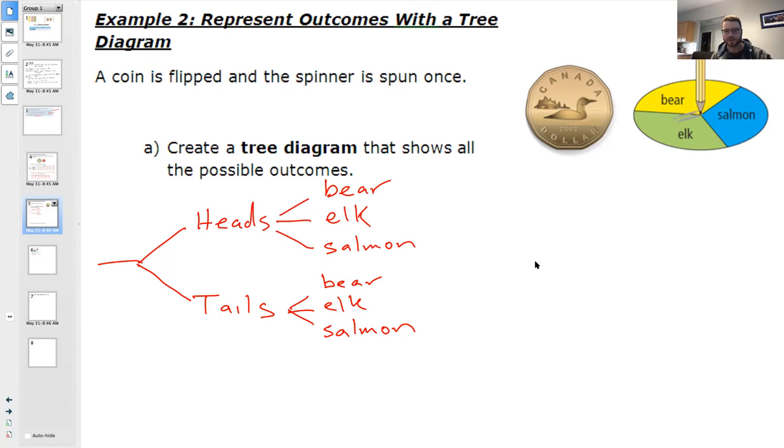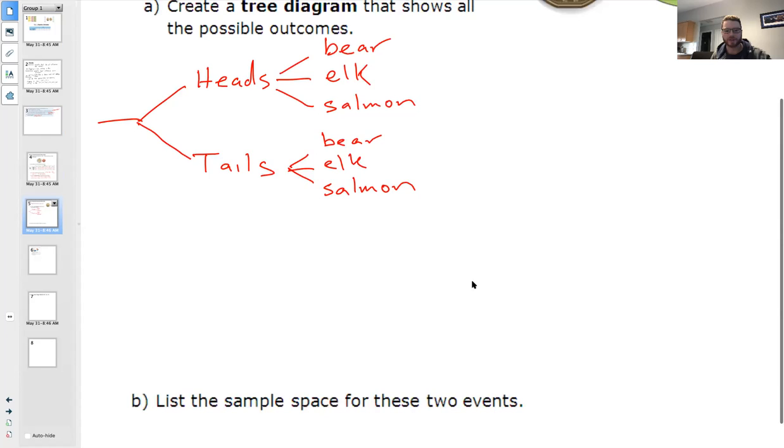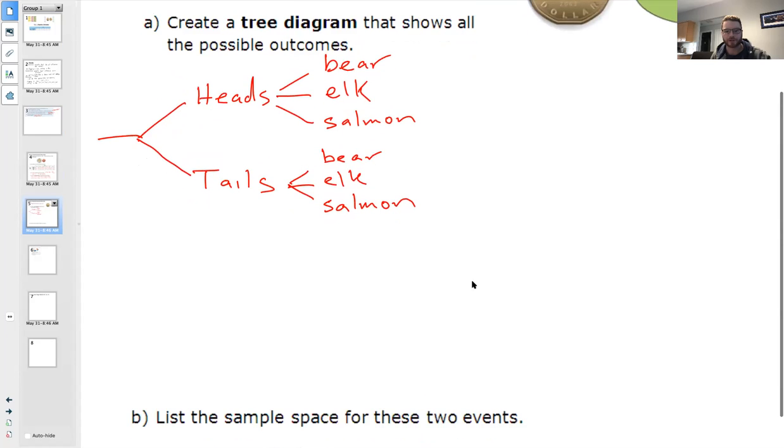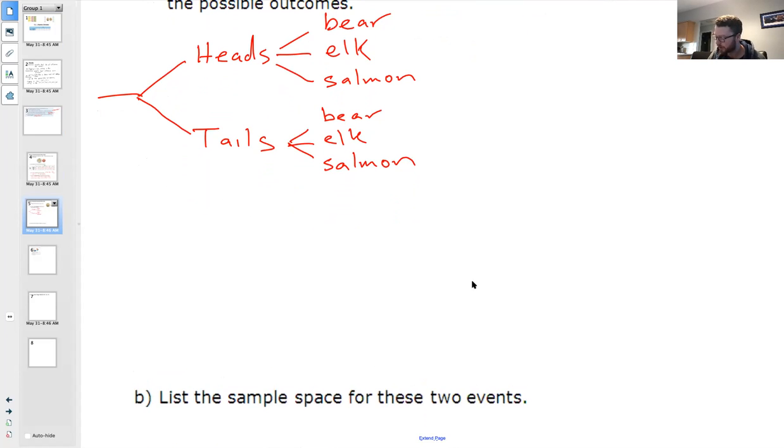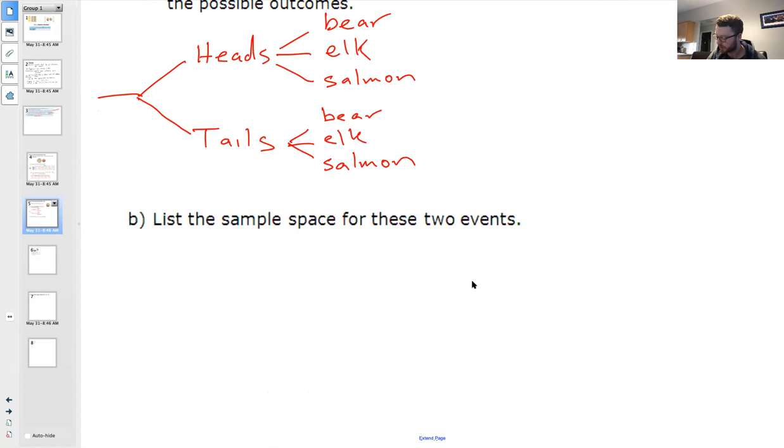And now we need to show the sample space for the two events. So this is going to look similar to what our tree diagram looks like. So the possible outcomes for these two events, we could have heads and bear.